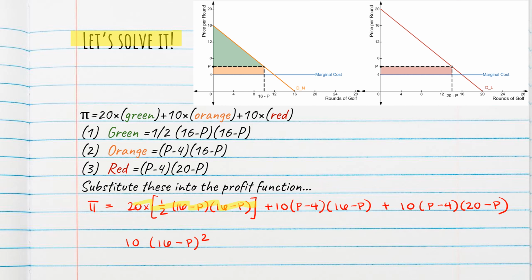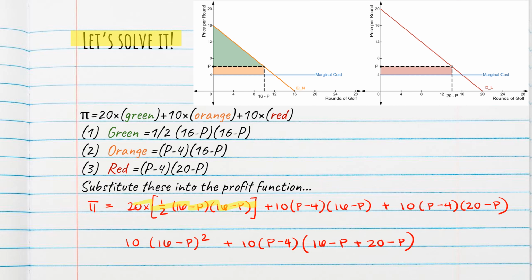Now I want to deal with the other two terms. It might not look like they can be combined, but they actually can because they both have a 10 times P minus 4 in front of them. So I can factor that out, plus 10 times P minus 4. Factoring it out, I have a 16 minus P plus 20 minus P. Whew, we're getting somewhere.